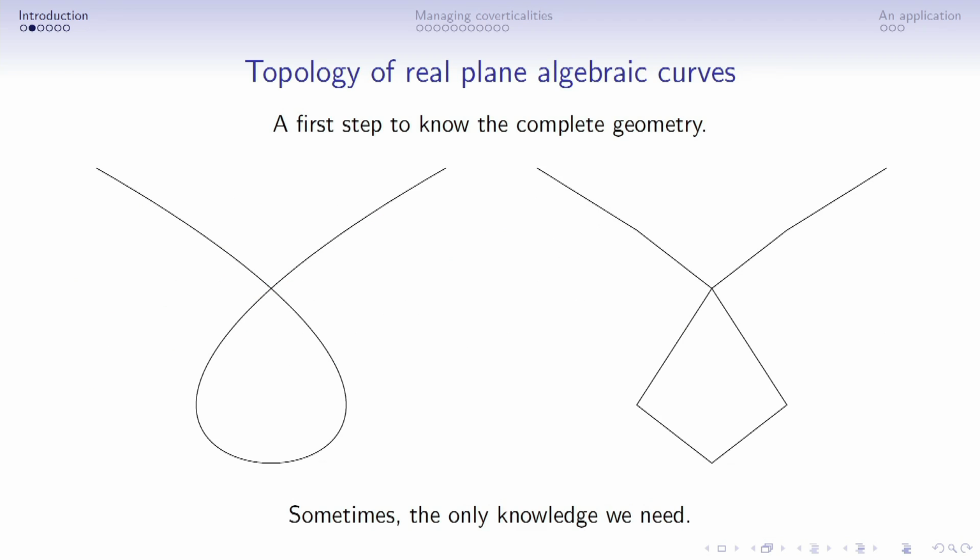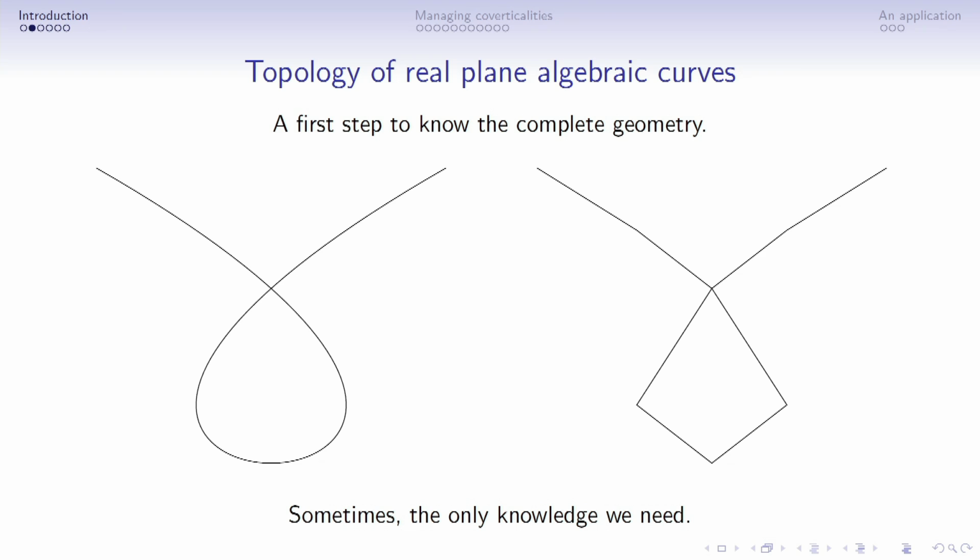So, for example, here, in the vertical line of this point, when we sweep from the left to the right, two branches are created in this, let's say, x-extremal point.